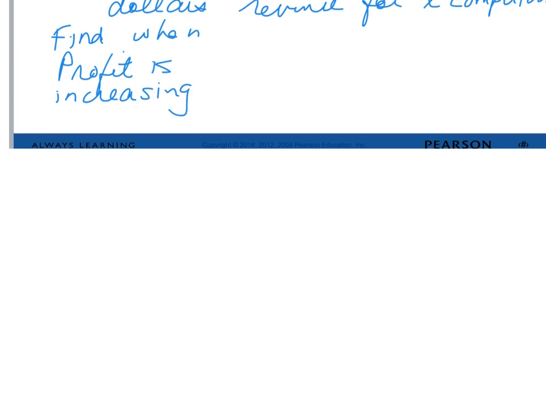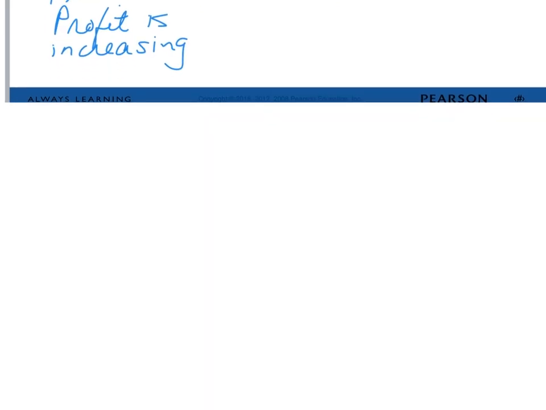So in order to do that, we're going to need to find the profit function. And profit is going to be revenue minus cost.